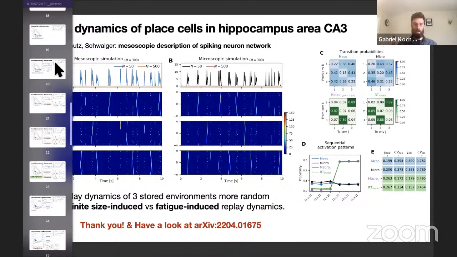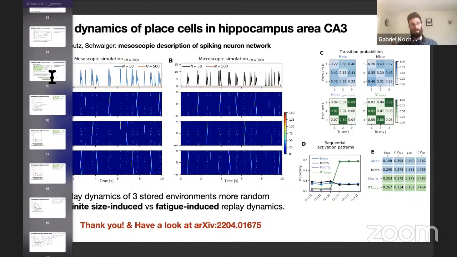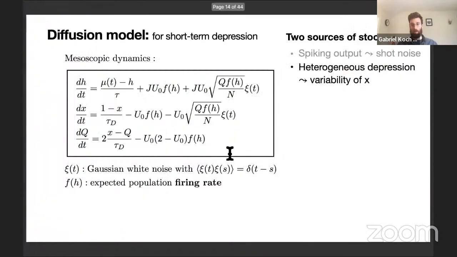Or you could also think about other intrinsic sources of noise or variability, like stochastic vesicle release, the microscopic model that underlies this short-term depression. So do you have any thoughts on comparing those different potential sources of fluctuations on the statistics of these reactivations?